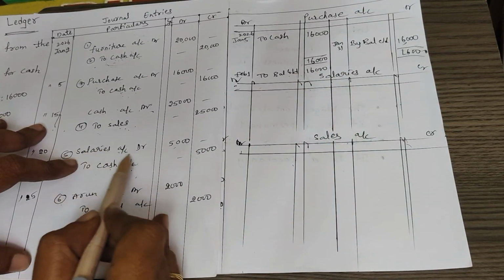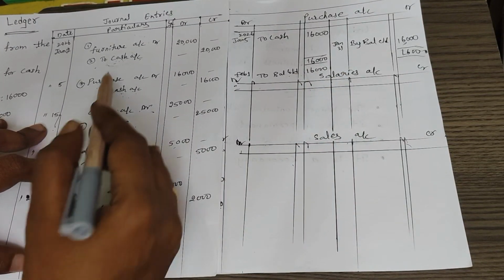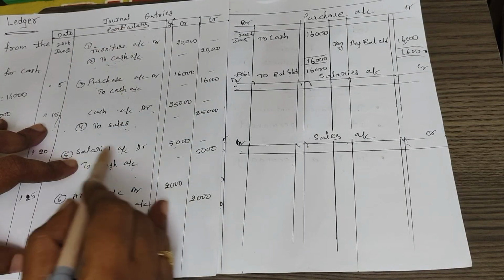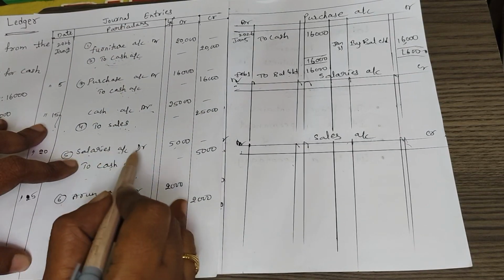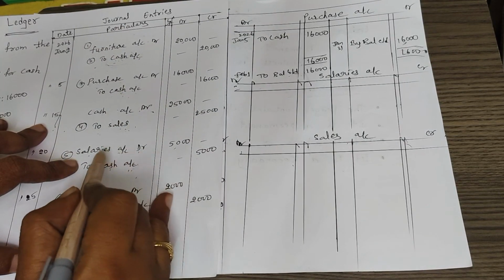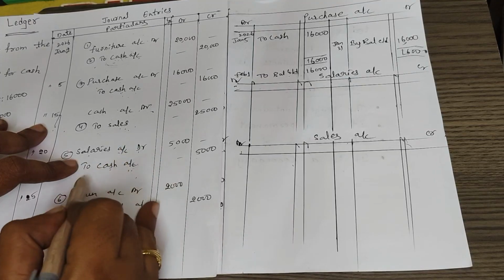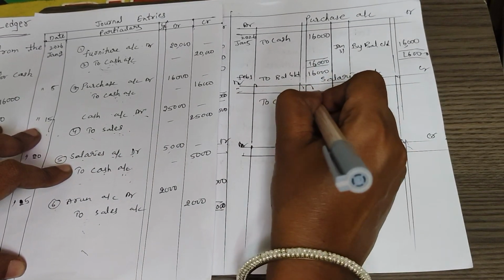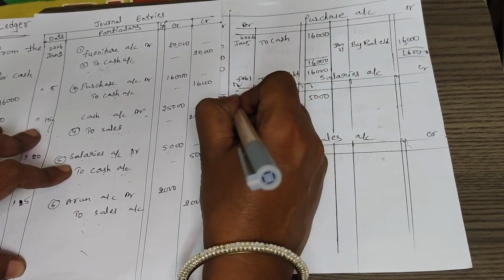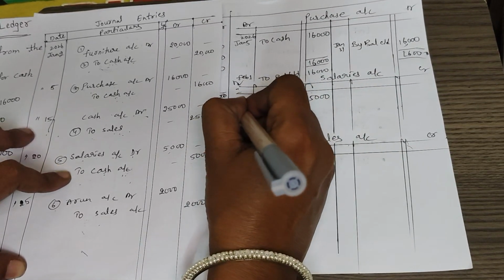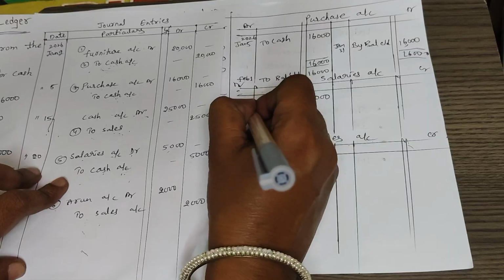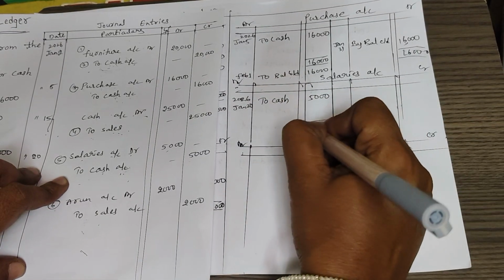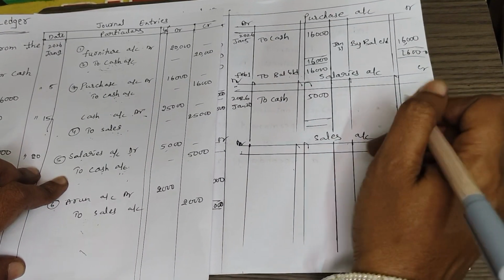Related to salaries, how many entries are there? Only one entry is there. Okay, salaries account debit to cash account. Salaries are debit side. That means in the salaries account, debit side, what should we write? To cash, 5,000. 2026 Jan 20. Okay. And no more other transactions related to salaries.